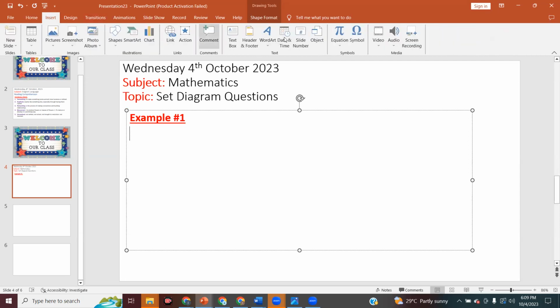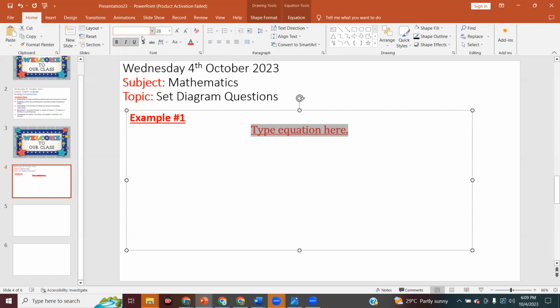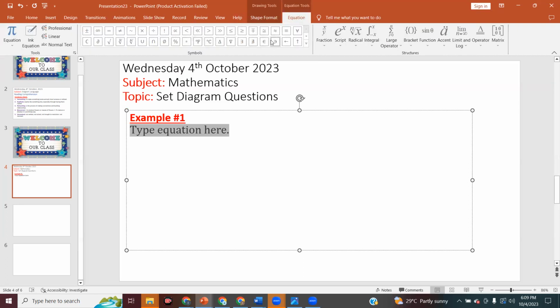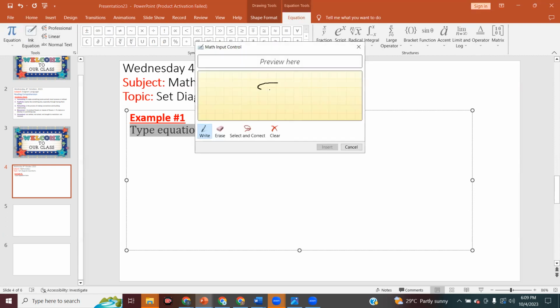We're going to start off with this symbol.